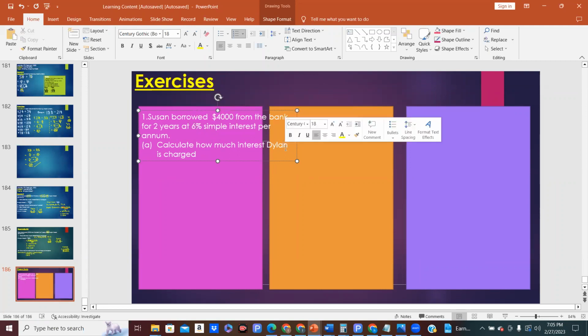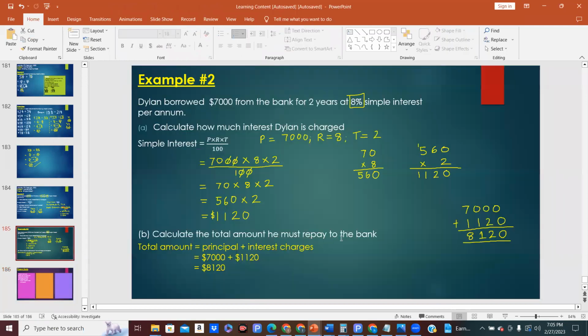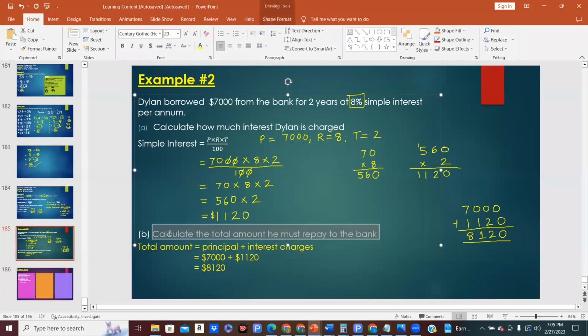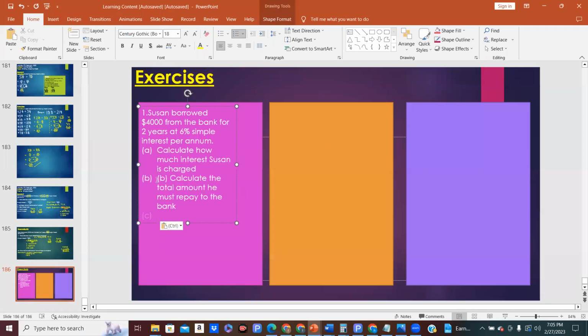How much interest is Suzanne charged? And B, calculate the interest. Calculate the total amount that she must pay to the bank. That's the first question.